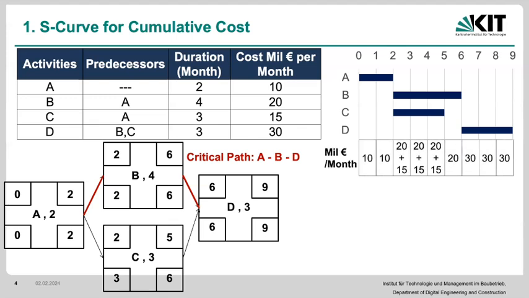So we basically go and plug this in and actually build it up. So the first month is going to be 10, the second month is going to be 10, the third month, what's going to happen is going to be both B, which is going to be 20, and C being carried out all together, right? And then for the next 2 months is going to be exactly the same, and the last month is going to be 20, 30, 30, 30, which is going to be activity D.